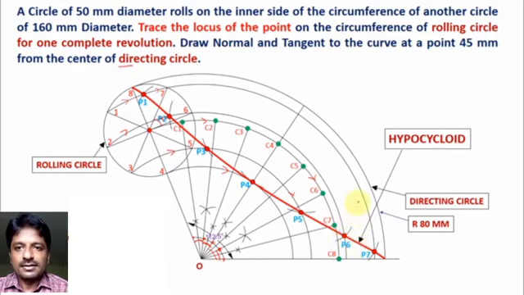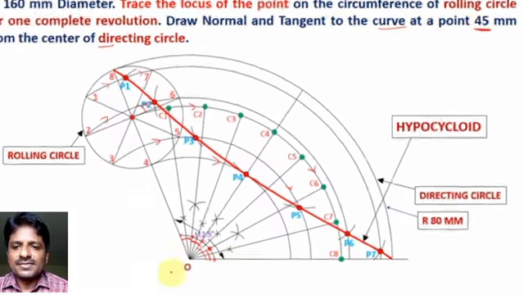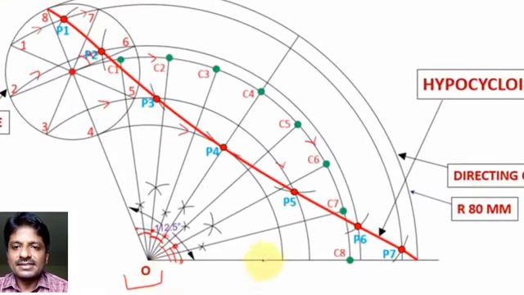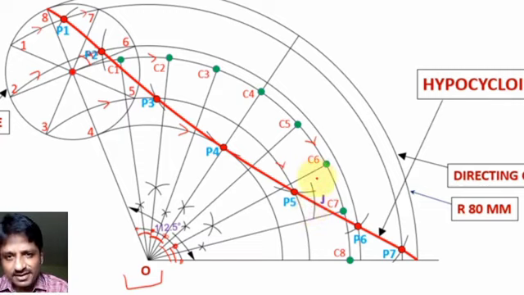Now as per the problem we have to draw the normal and the tangent over the curve from the center of the directing circle. It is given as 45 mm here, and mark the arc at the point J equal to the radius of the rolling circle.